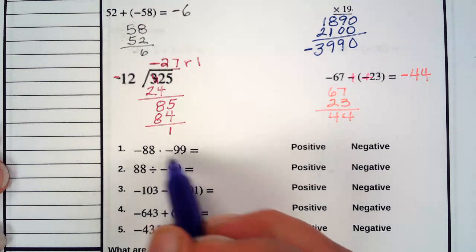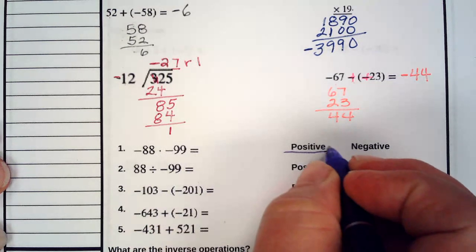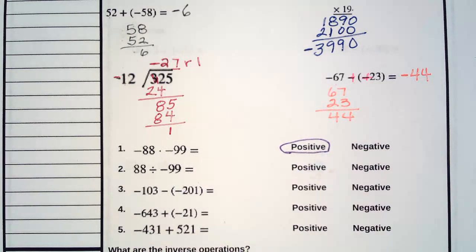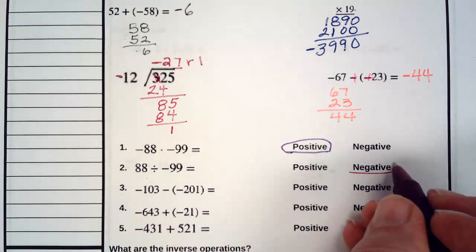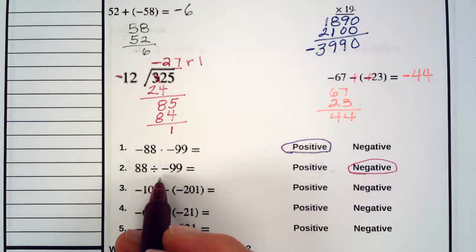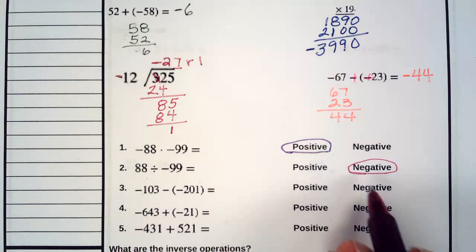Negative multiplied with a negative is a positive number. Okay, what about positive divided by negative? They're opposite signs. It will be negative. Positive divided by a negative is a negative.